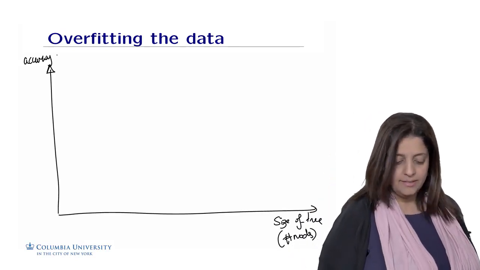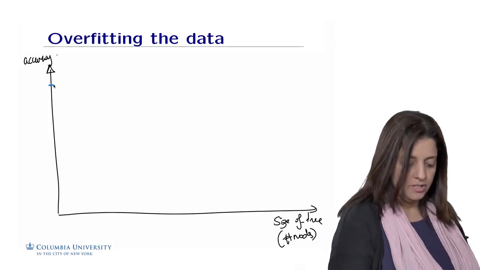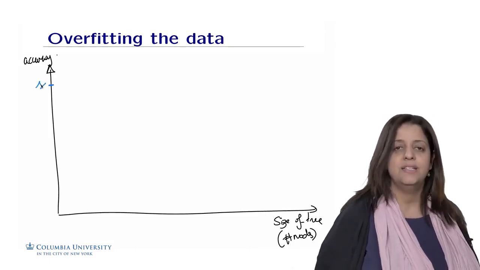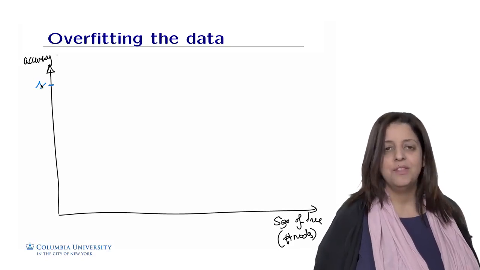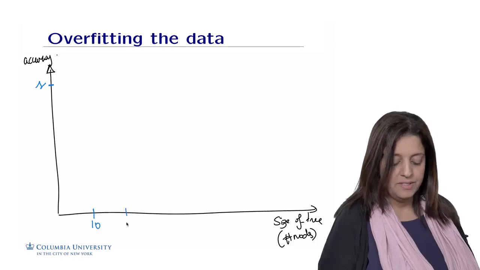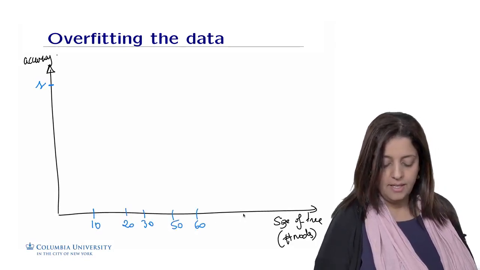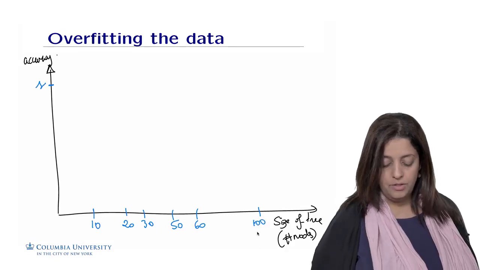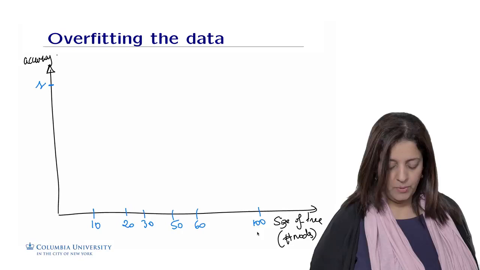Actually, the accuracy shouldn't exceed 1, so you're going to be 100% accurate on classifying your examples if you learn the best possible tree, which is the biggest. Suppose we have our data split into 10, 20, 30, 50, 60, up till 100 nodes, right? 100 nodes would be the largest possible tree you could build with this data.